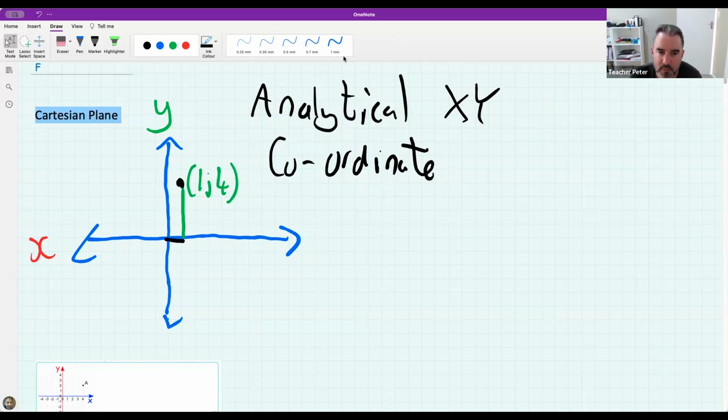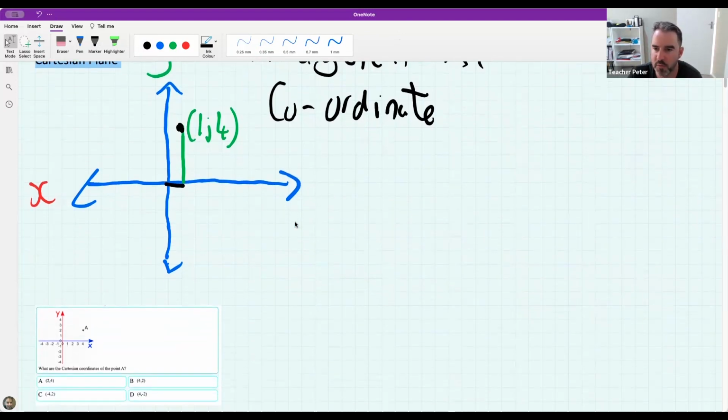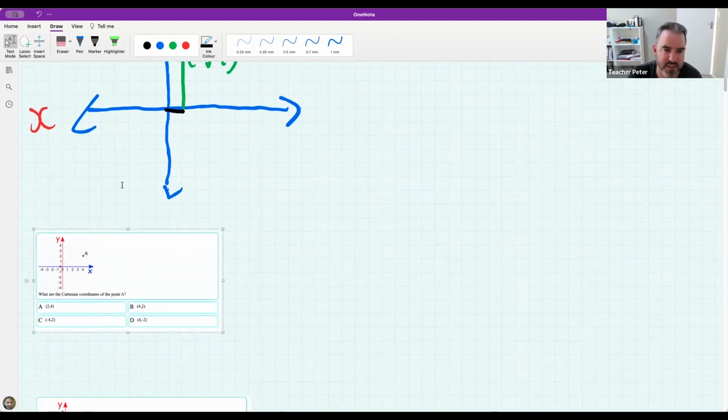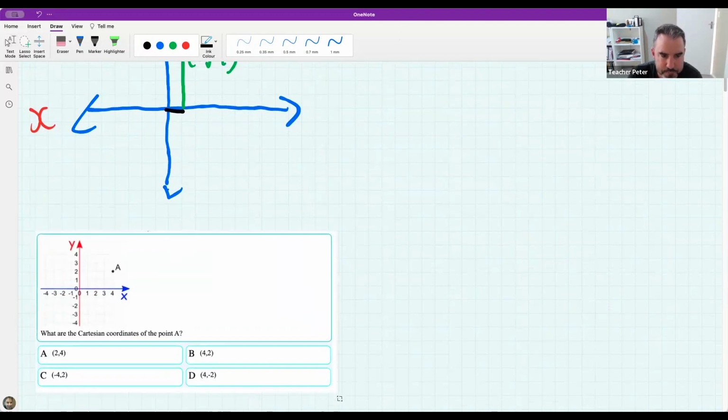All right. Pop in what your score out of 10 is. How confident do you feel about navigating this Cartesian plane? Okay. So what we're going to do today is we're just going to practice a little bit getting comfortable with coordinates, and then we're going to move on from there once I feel like everyone is comfortable.